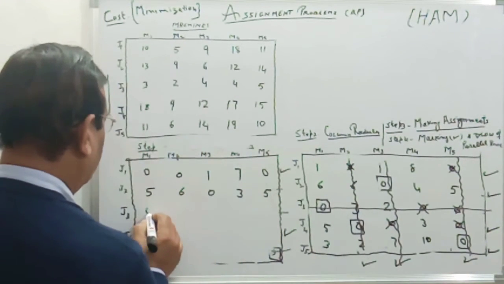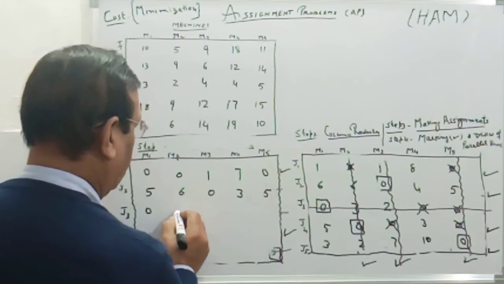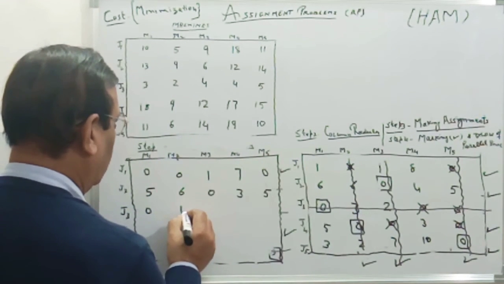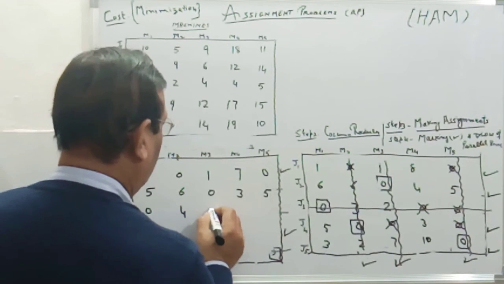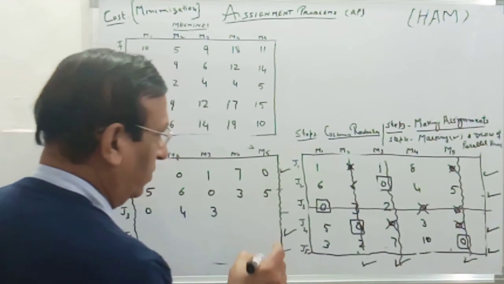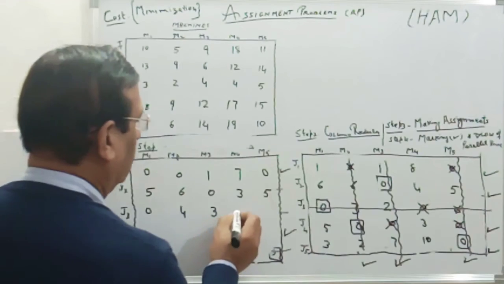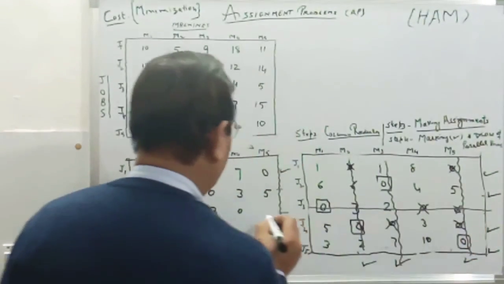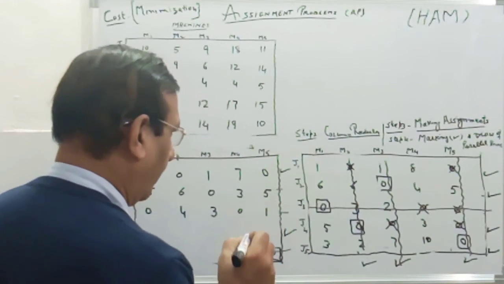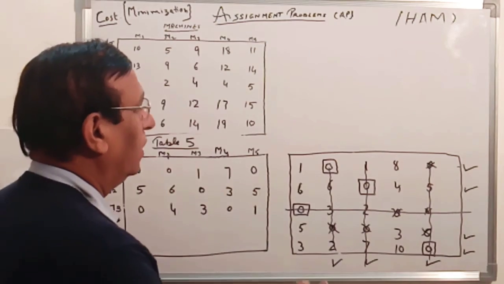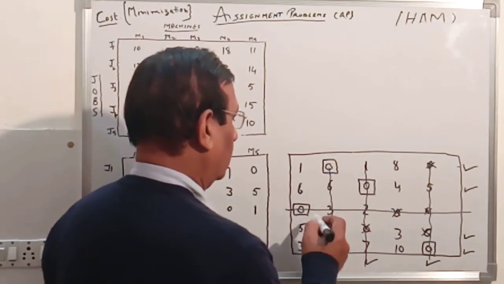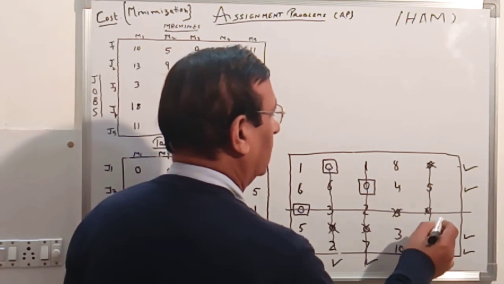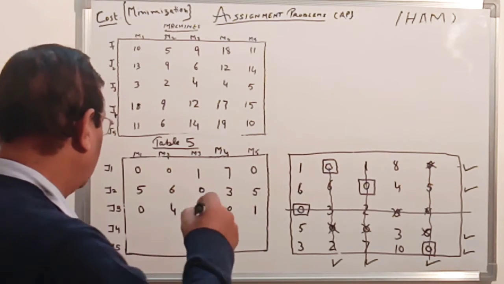Now 0, 3, but 3 is at the intersection of two lines, so plus 1, 4. 2 plus 1, 3. 2 is again at the intersection of two lines. 0 and 0 again at the intersection of two lines means 1. Now we add 1 at this 0 lying at the intersection of two lines, and you get 1.